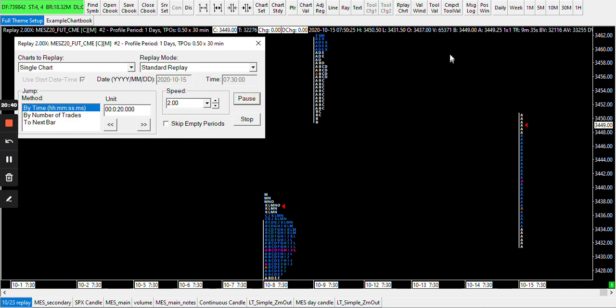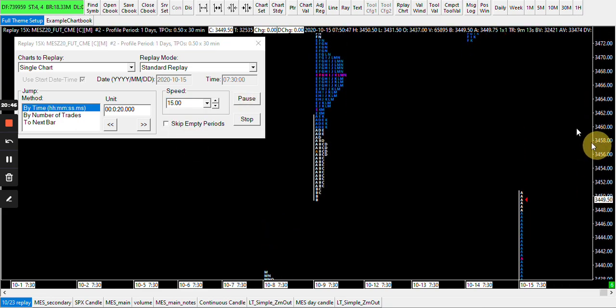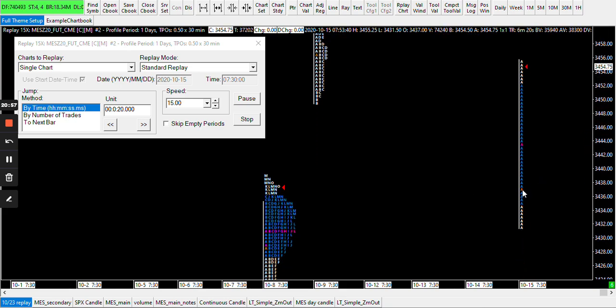But what I'm going to do is speed this one up as well. We've still got this massive gap right here. Now, some of this counter auction is starting, and theoretically, we can interpret this as being so far a move down and a failure to get any real traction to the downside.